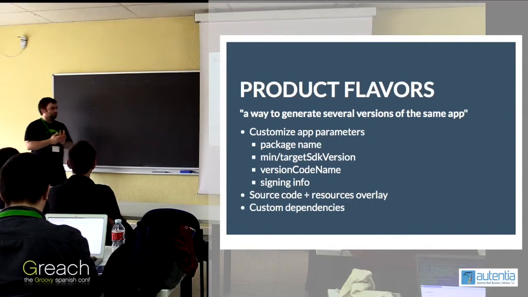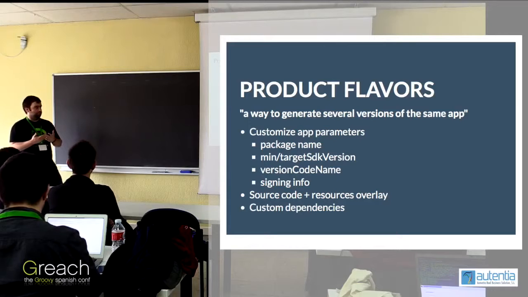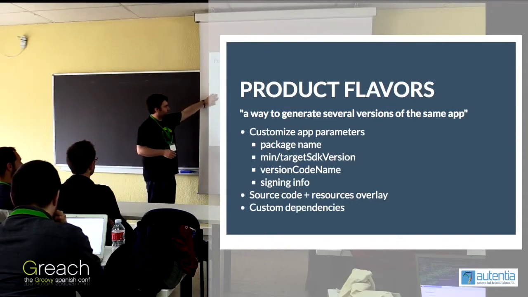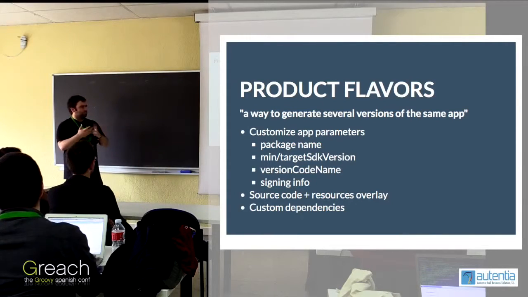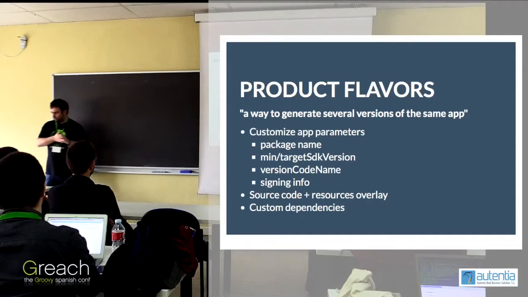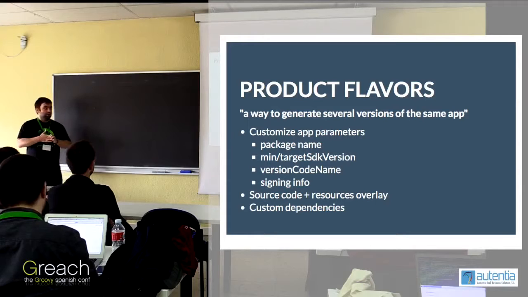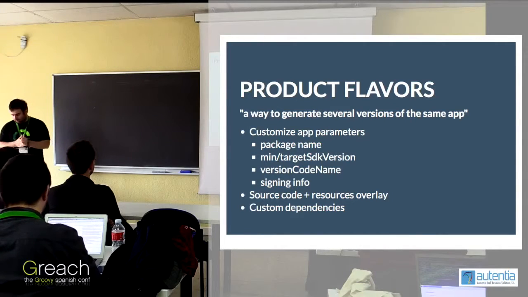So if you want to develop against a very new Android API, you can have a product flavor that has a specific target SDK version, and you have custom dependencies which just work in that environment with that new API. But if you want to support older Android versions, you can have a second product flavor to deal with older APIs or stuff like this.